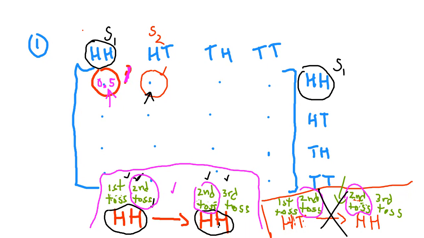Probabilities can't be more than 100% or 1. So what this means here is that going from state 2 to state 1, that can't happen.